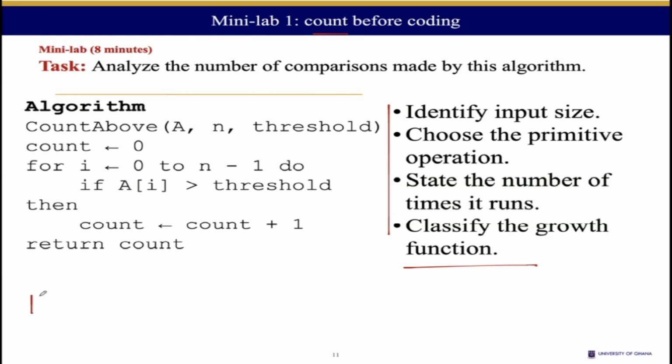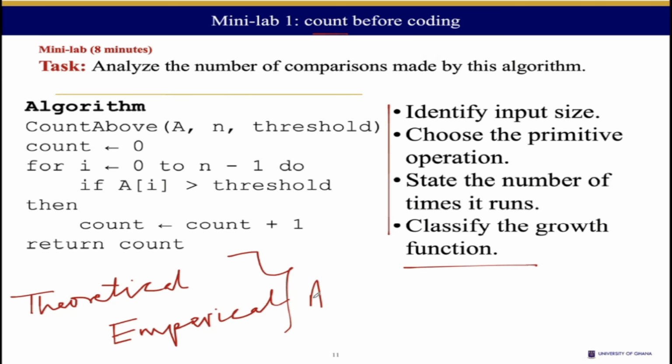We have 2 kinds of analysis that we do with algorithms. This is theoretical analysis. Then we will see another one, where we write the code and run it with different input sizes, which we call empirical. These are the 2 forms of analysis that we can do.